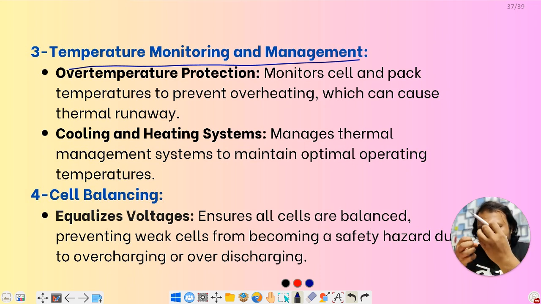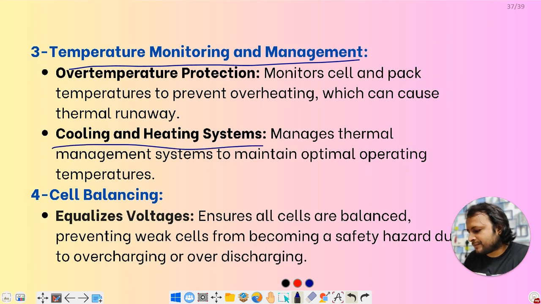If it goes below the optimal temperature range, the heating system of the vehicle will be activated, cooling and heating subsystems. And cell balancing. If the charging and discharging rates differ, a cell taking less or higher charge, that cell balancing is done by the battery pack. So it equalizes voltage, current, and capacity of the cells, which is important.